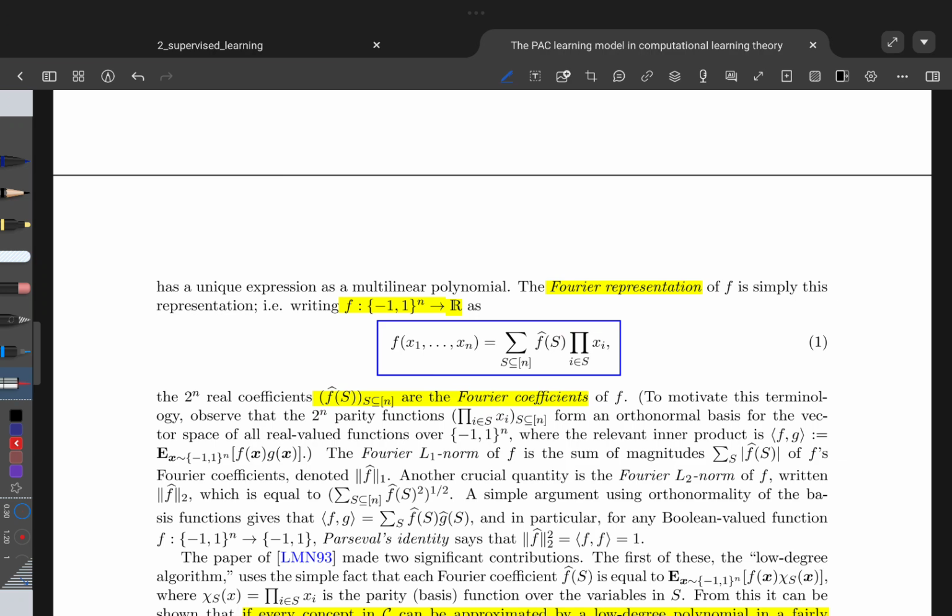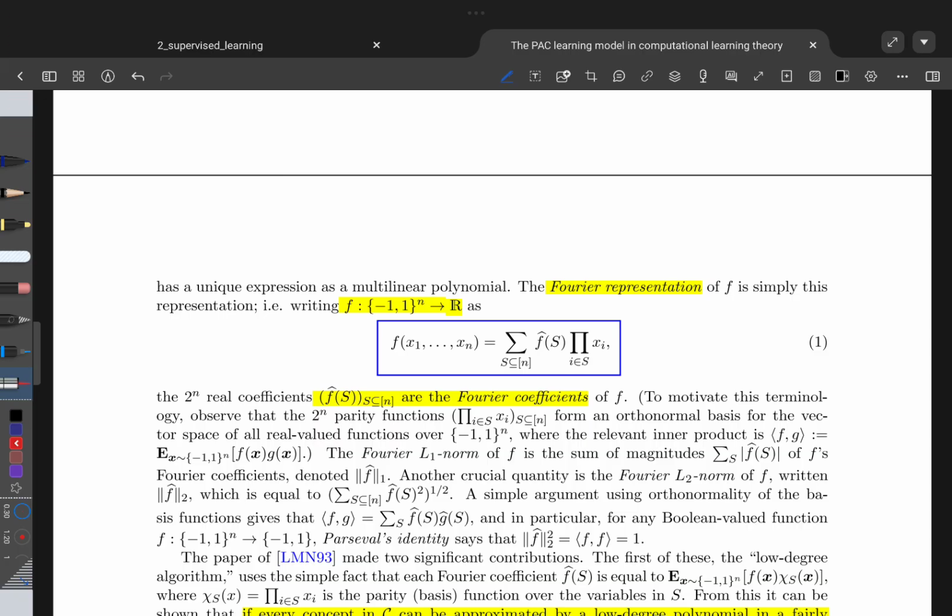You may have seen the Fourier transform over R, right? The Fourier series or the Fourier transform. There's a more general theory of Fourier transforms for more abstract sets.